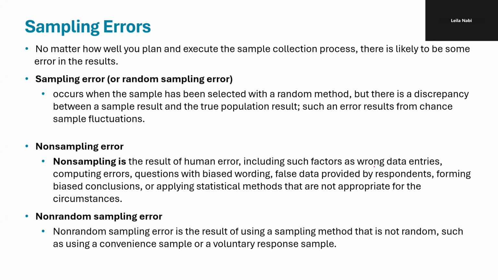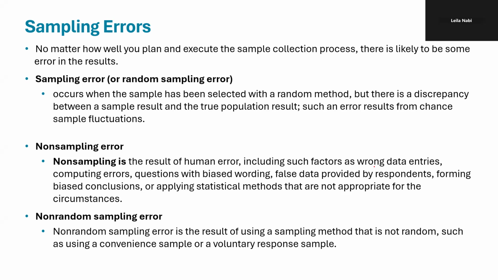That's a kind of sampling error, but we have non-sampling errors as well. That means we select the samples completely at random, but there are other factors, like we have wrong data, so we have the wrong calculation. In that case, when we see the discrepancy between the sample result and the population, this is called a non-sampling error, human error.